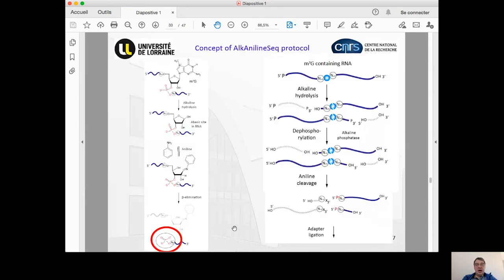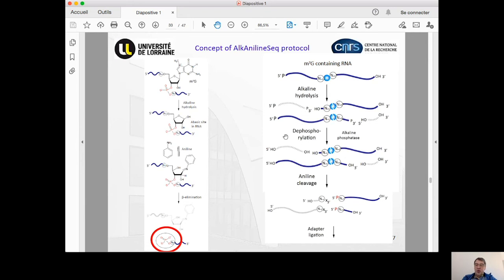But in the AlkAniline-seq protocol, we looked at the formation of this 5' end phosphate after the cleavage. The protocol which we developed uses this phosphate for selective ligation of the modified fragment. First, alkaline hydrolysis; we found that borohydride reduction is really dispensable, and just simple alkaline hydrolysis will cleave or fragilize m7G sufficiently.